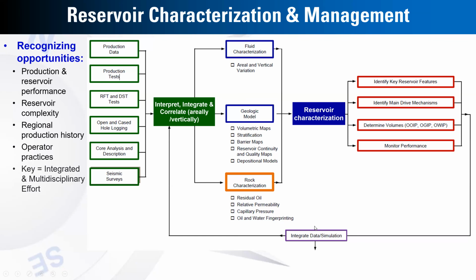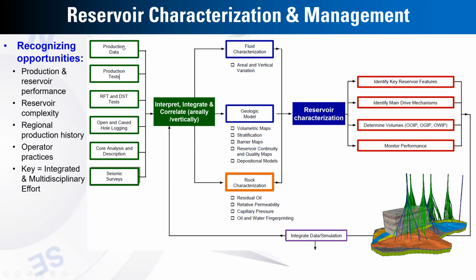So for the reservoir characterization process, all of the subsurface data and production data are important, including production testing, core analysis, wireline logging, and seismic data, with interpretation, integration, and correlation of all of these data together, so you can get proper characterization of reservoir fluids, reservoir geology and reservoir rocks.